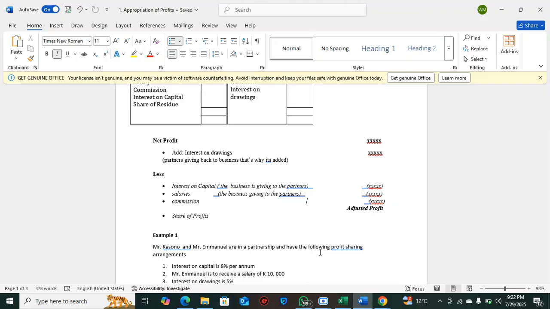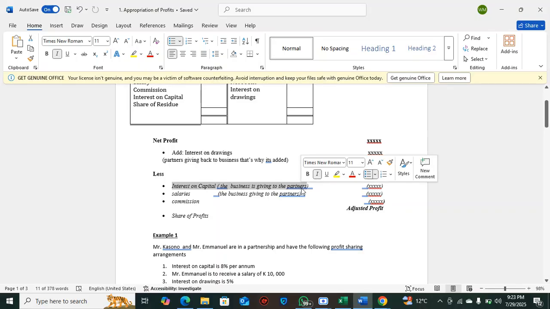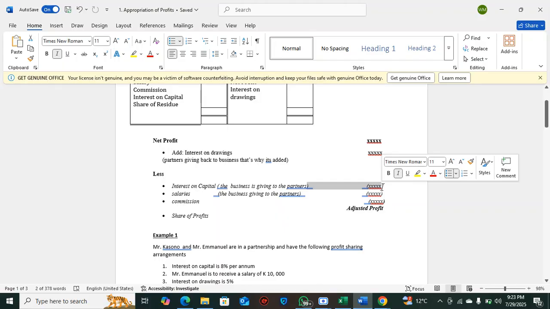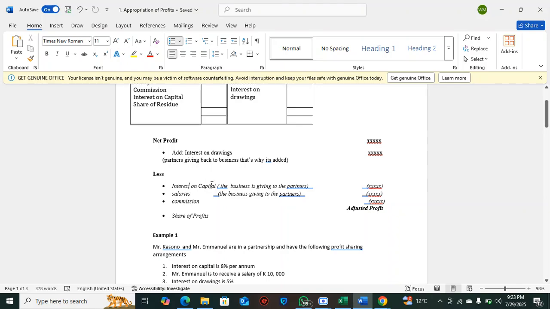This interest on capital is given to the partners, that's why we're deducting it. Interest on drawings is the partners giving back to the business, that's why we've added it. But interest on capital is going back to the partners, so it is subtracted.